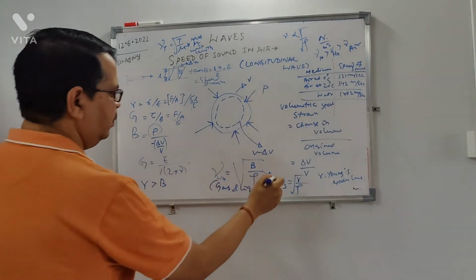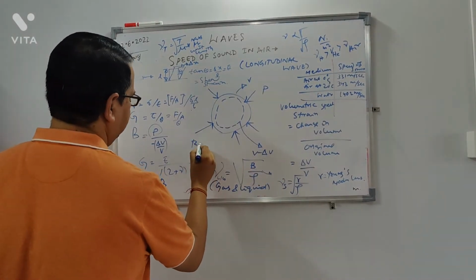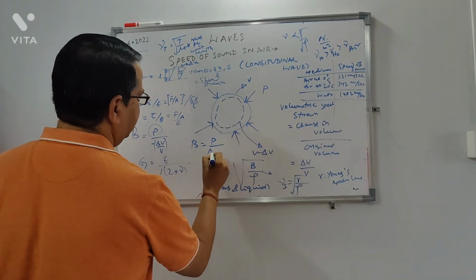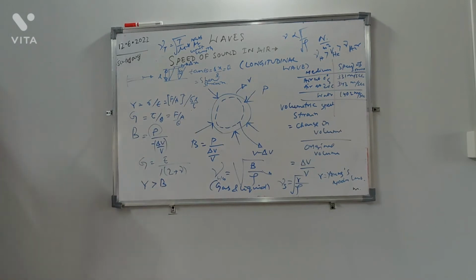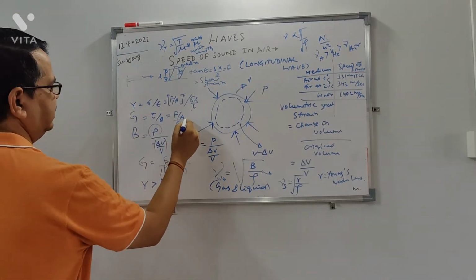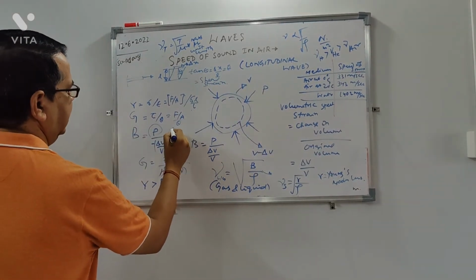Bulk modulus is nothing but pressure divided by del V by V, that is, pressure by volumetric strain. This theta is shear strain.